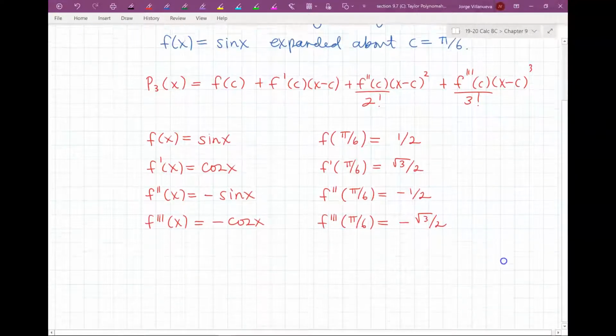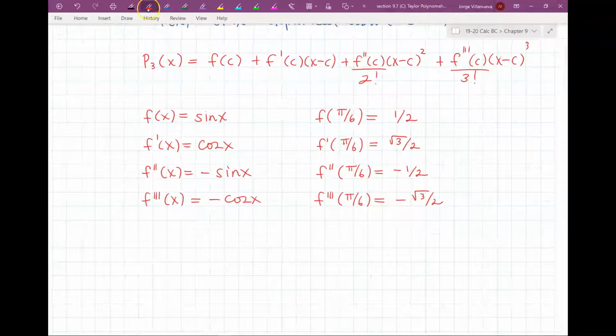Once I have that, I can rewrite this if you want to make it look a little more like, okay, here's what we're doing.